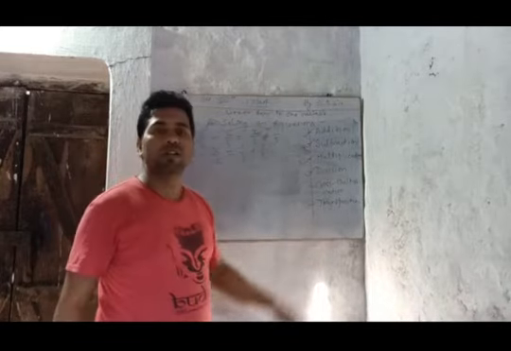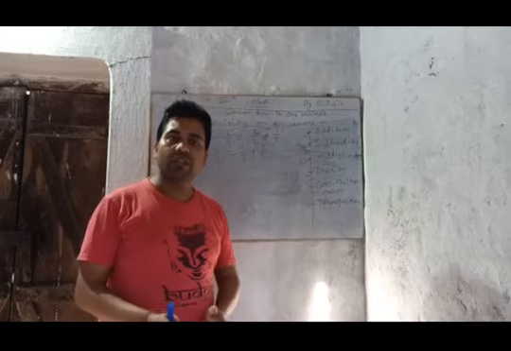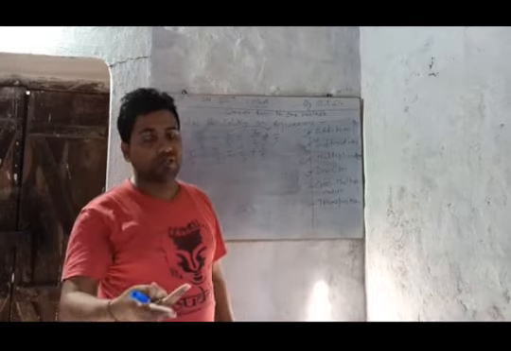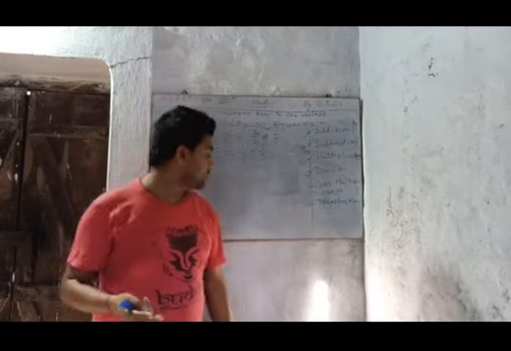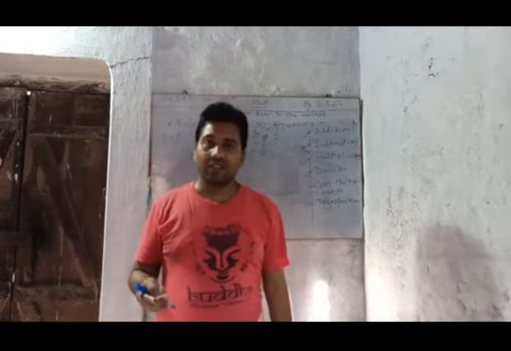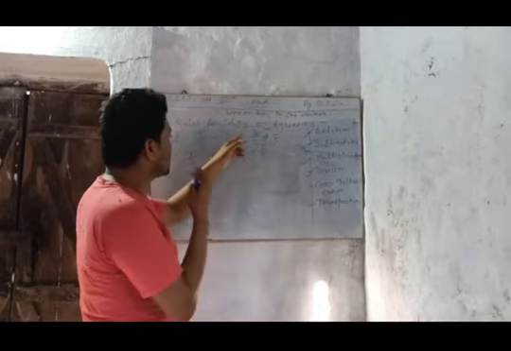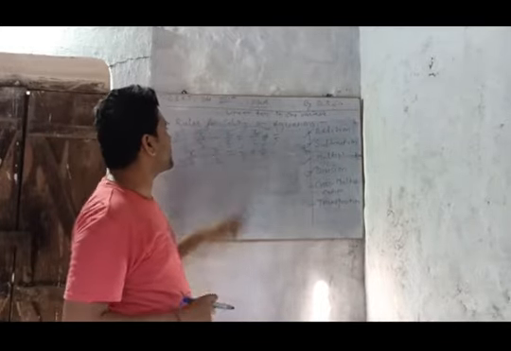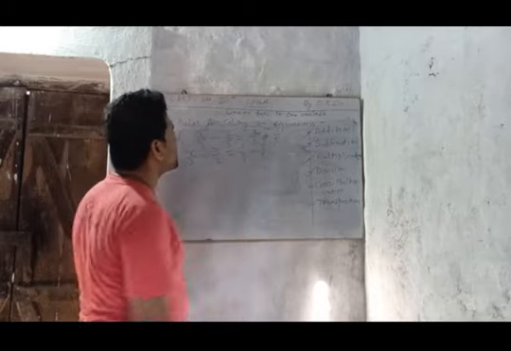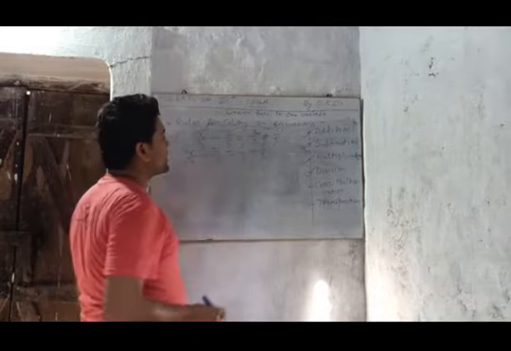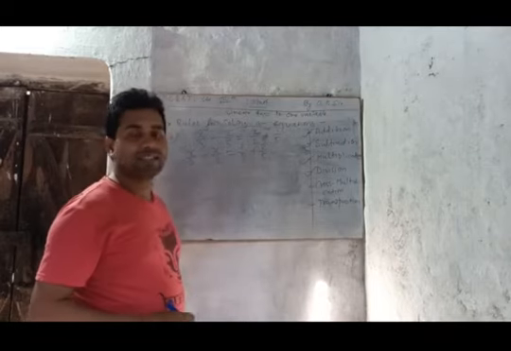This is called transposition. When we change the side of a term, the sign will change of that term. So as it is negative, that will go with a positive sign. And now x upon 2 also we have shifted to LHS from RHS. So plus x upon 2 becomes minus x upon 2.